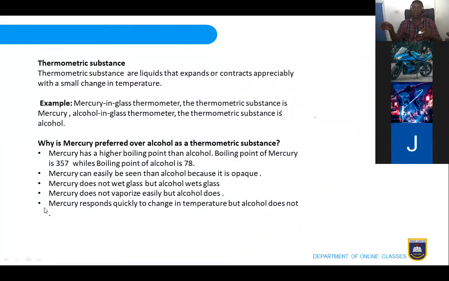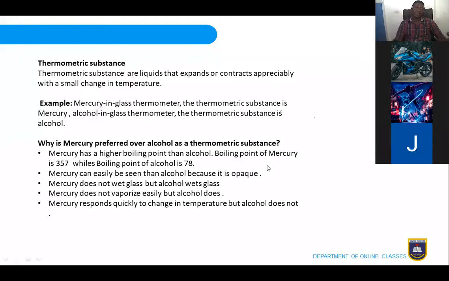So if you use mercury as your thermometric substance, that means you can use it to determine the temperature of different bodies in a short interval of time. But if you are using alcohol in glass, that means you have to have a long period of time to determine the temperature of all the bodies. So it's advisable to use mercury in glass thermometers as compared to alcohol.